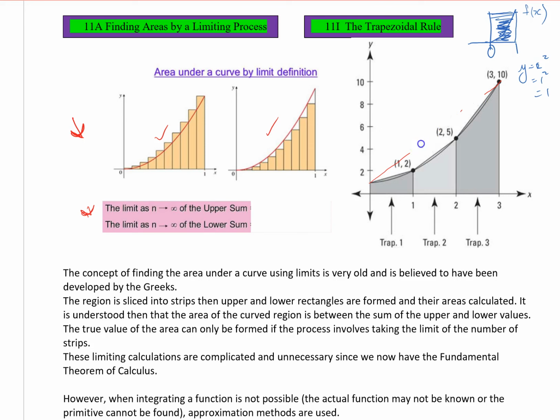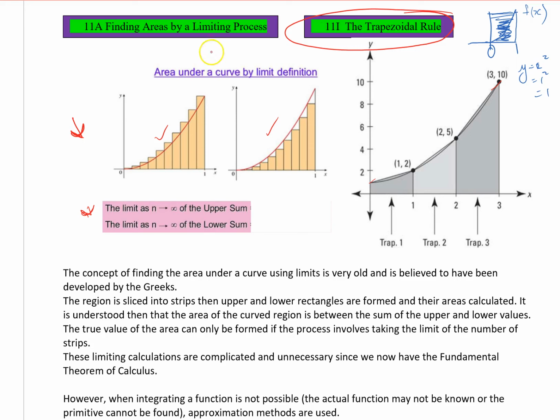So they said, well, if we divided it into 2, that would be better, if we divided it into 3, and so on, increasing the number of trapeziums they construct between the limits. And they were getting closer and closer to calculating a fairly accurate approximation for the area under a curve. That became the trapezoidal rule, which is what we are going to focus on in this next exercise.